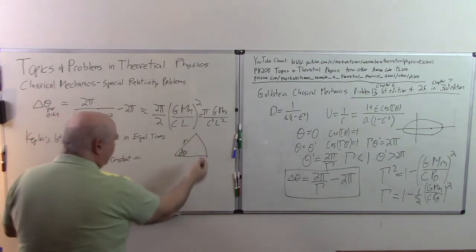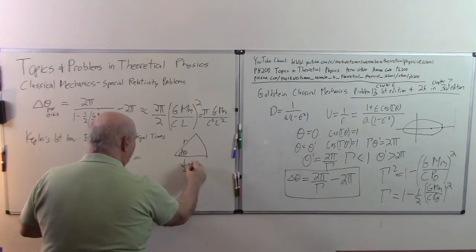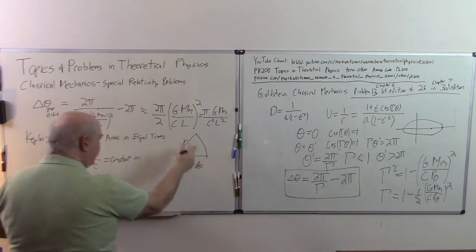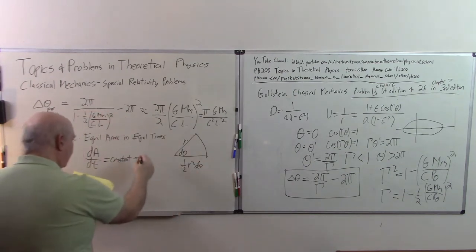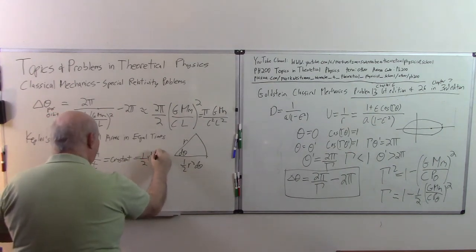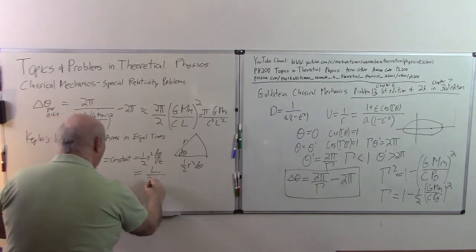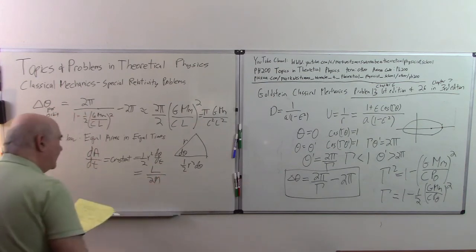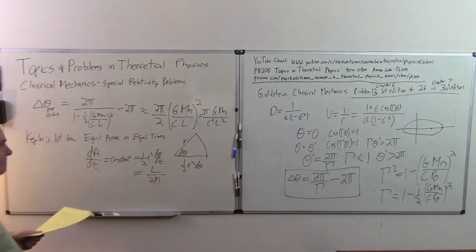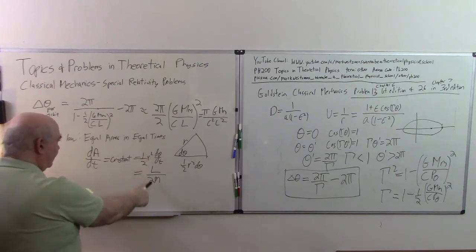Well, the area of the triangle is just 1/2 r squared d theta, and then per unit time it becomes 1/2 r squared d theta dt, which is equal to L over 2m. Remember our definition of L is m r squared theta dot, so it's L over 2m.